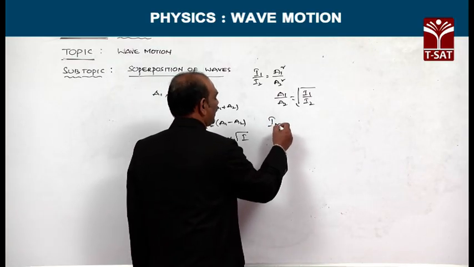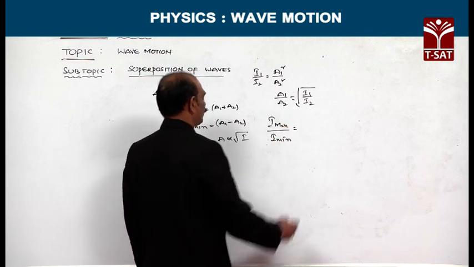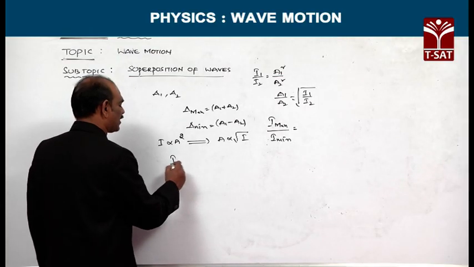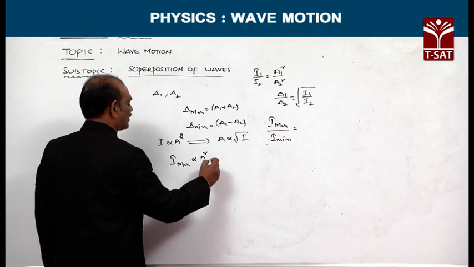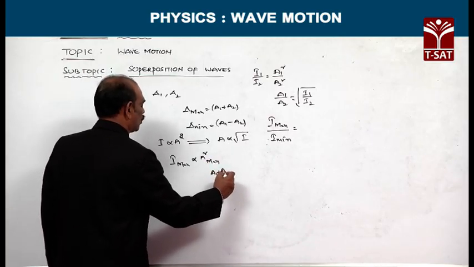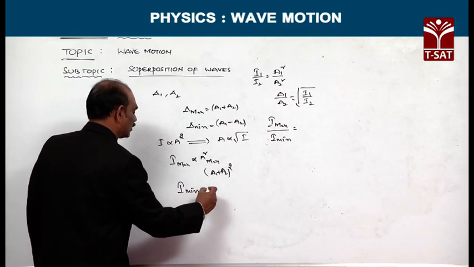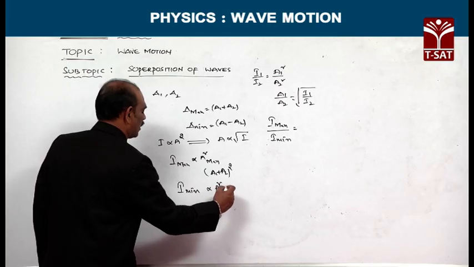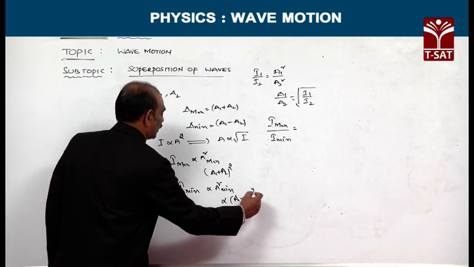Similarly, the I maxima to I minima ratio. Here I maxima is proportional to A square maxima, which is nothing but A1 plus A2 whole square, and I minima is proportional to A square minima, nothing but A1 minus A2 whole square.